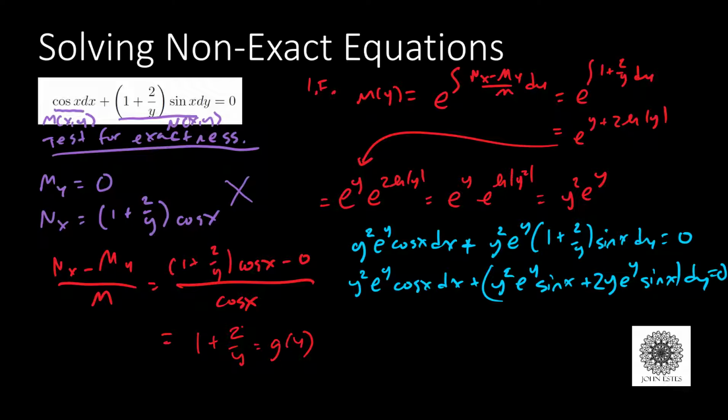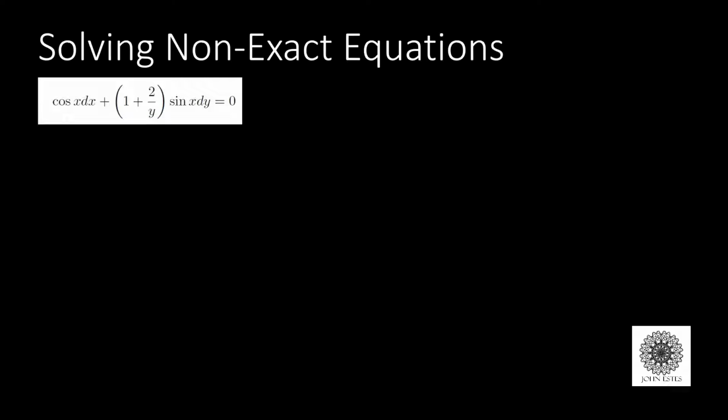Okay, so we take this equation, and again I'm going to multiply in my integrating factor. So I have y squared e to the y cosine x dx plus y squared e to the y plus 2y e to the y.